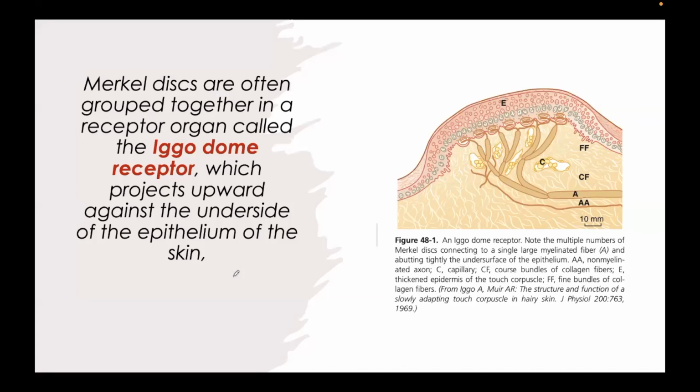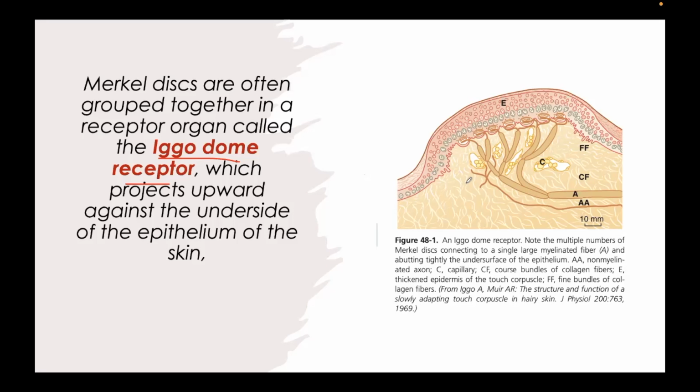Now, a very important structure highlighted in the textbook is known as the ego dome receptor. These Merkel's discs are going to be grouped together. As you can see here, you have a couple of Merkel's discs grouped together as a receptor organ, which we now call the ego dome receptor.